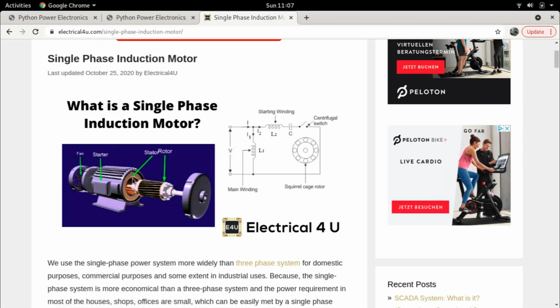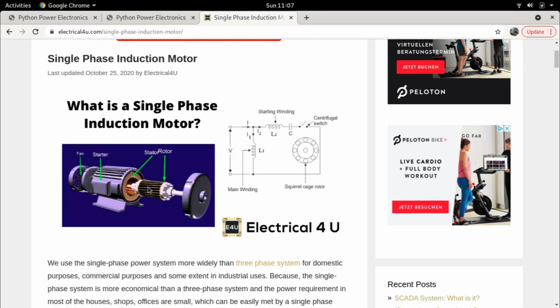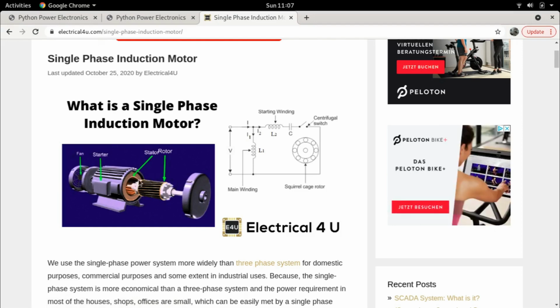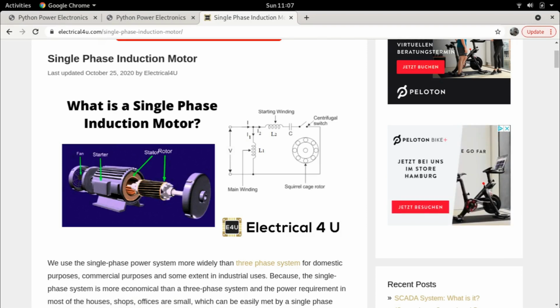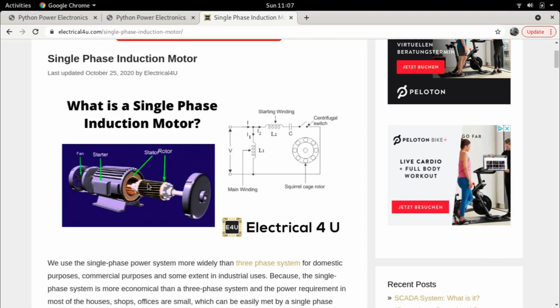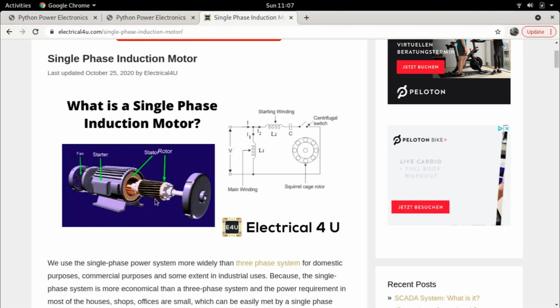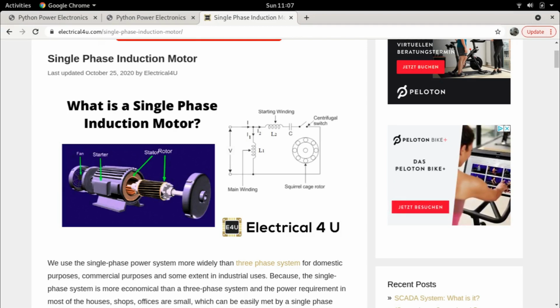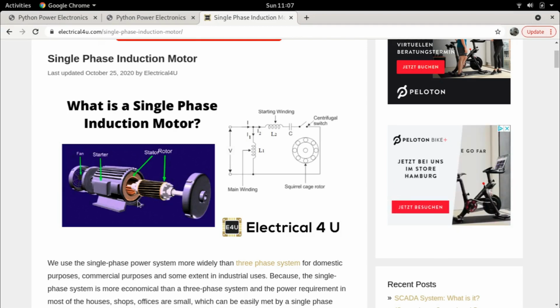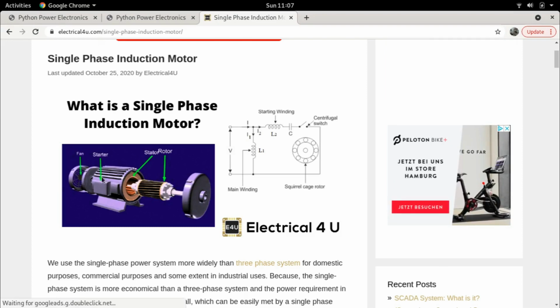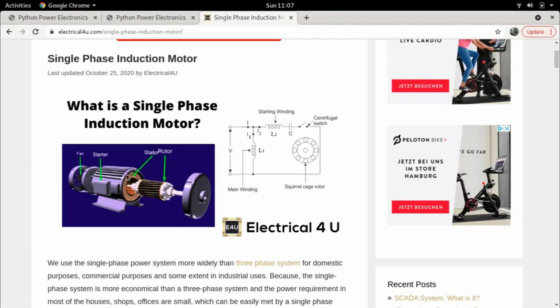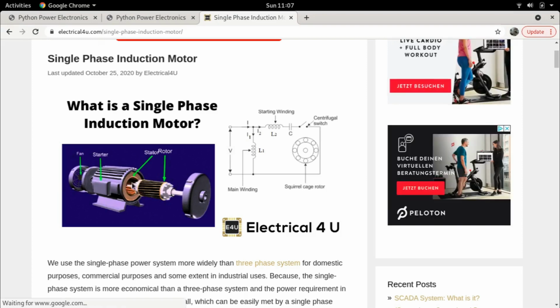So therefore, with this stator flux and this rotor flux, since they are both present in this air gap, these two will now interact and produce a magnetic force. This magnetic force will result in a torque, and this torque will cause the motor to rotate. So this is what we need to simulate. We need to simulate the fact that when we apply a voltage, it results in a magnetic flux.